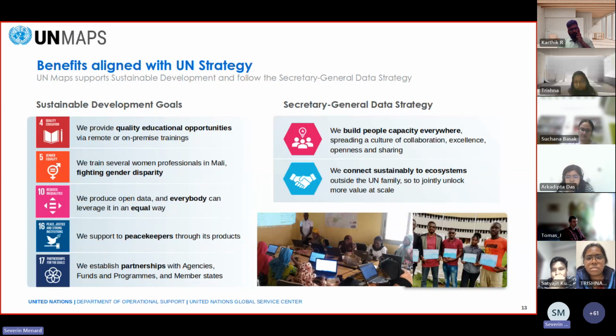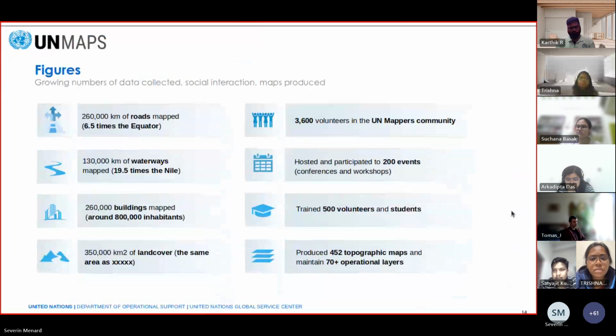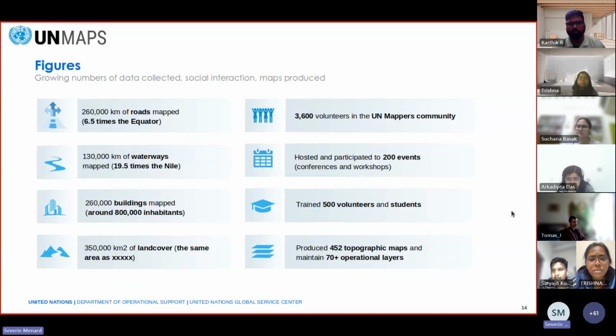Sometimes for a specific group, but since last year, it's more open to everyone interested in joining OpenStreetMap and mapping, as previous things we organized with remote volunteers. Also, a few figures that would need to be updated. I think we can almost double all these figures.